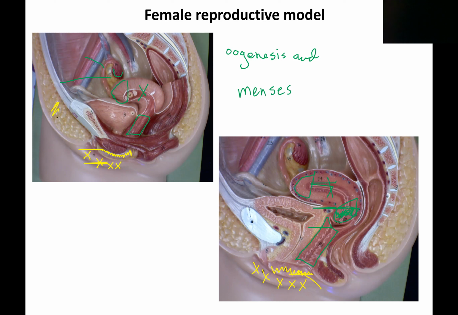The mons pubis is a cushion for the symphysis pubis during coitus. Now this is where genital hair would be attached, but they don't put that on the models.